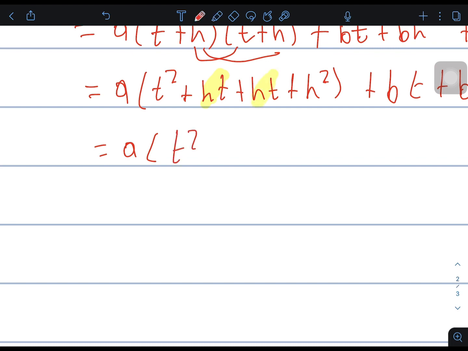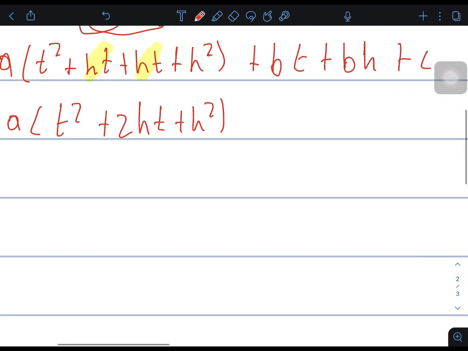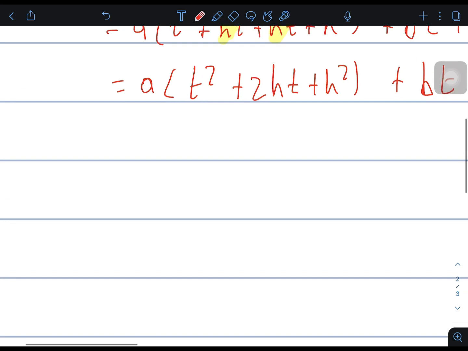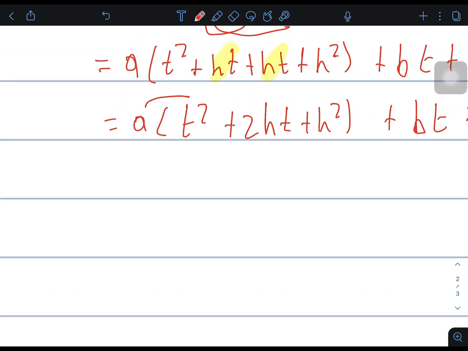t squared plus 2ht plus h squared, okay, plus bt plus bh plus c, and we multiply that a in.